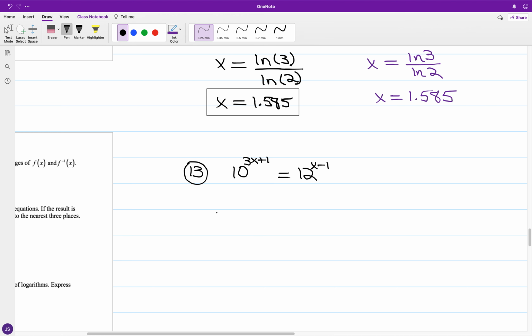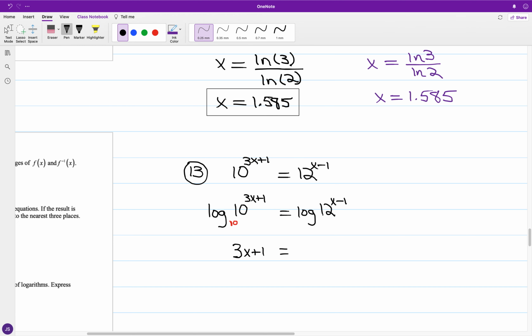Okay, so we'll just take log on both sides. On the left, log is going to be a base 10 logarithm, and base 10 log of 10 to the 3x plus 1, again, will go to 3x plus 1.